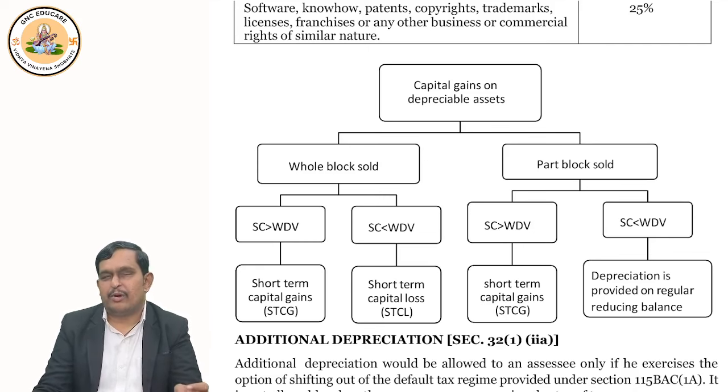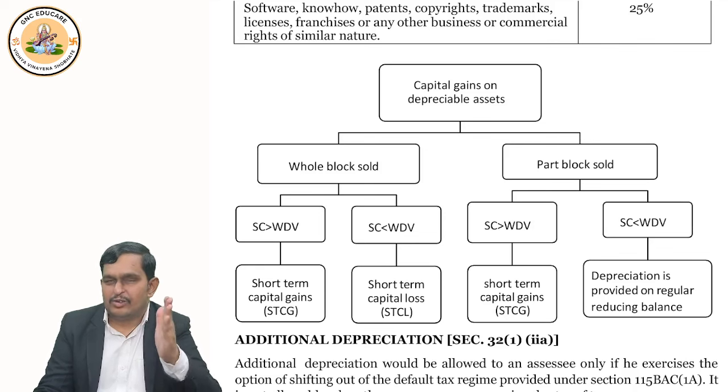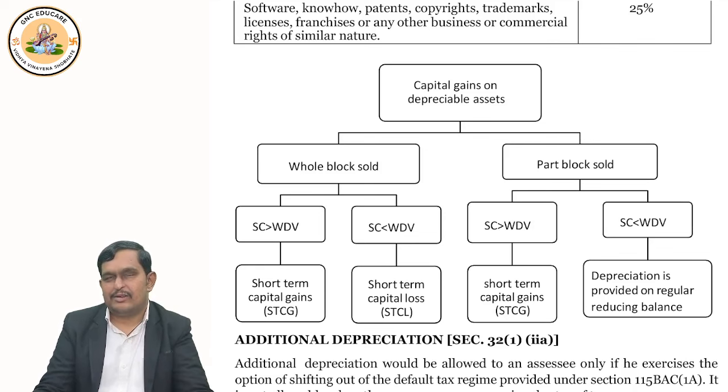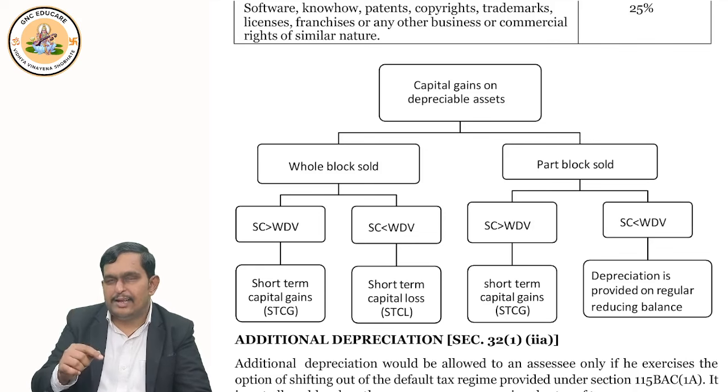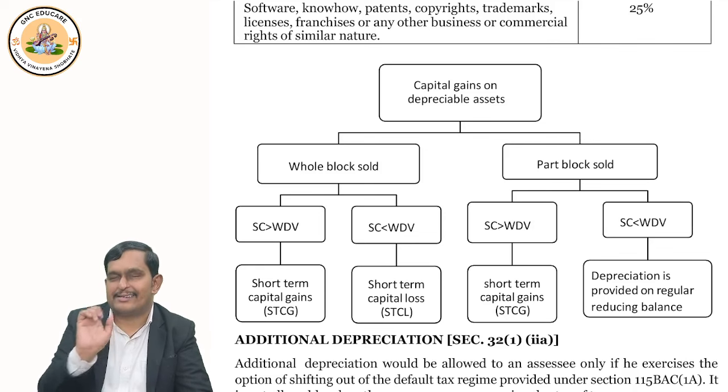When we discussed plant and machinery at 15% rate, motor car at 15%, and higher at 30%, that is normal depreciation. And now we'll discuss additional depreciation. So when we compute the income, will we deduct less normal depreciation, less additional depreciation? The answer is absolutely yes.